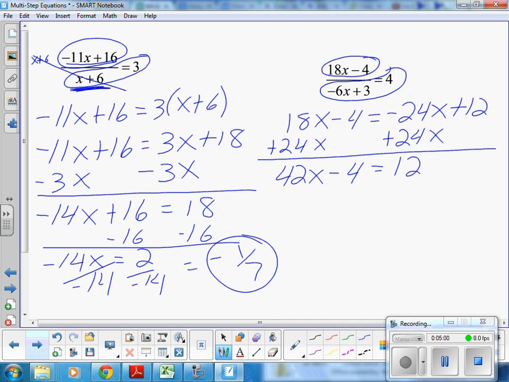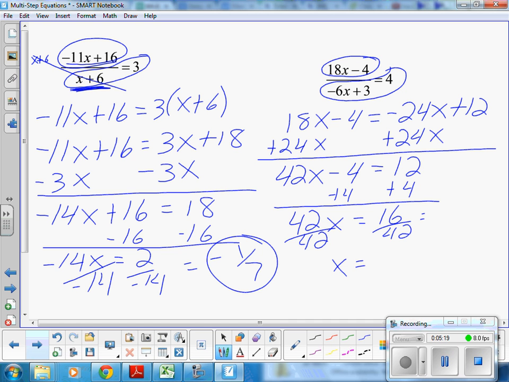Add 4 to both sides, and that's 42x equals 16. Divide by 42. X will equal, got to write that down, divide by 42. 2 goes into both. 2 goes into 16, 8. 2 goes into 42, 21. So I get 8 over 21 as my answer.